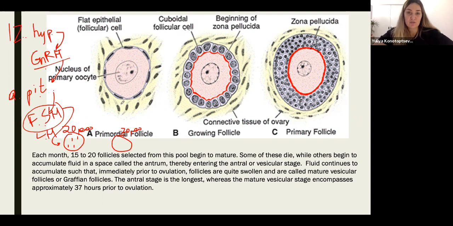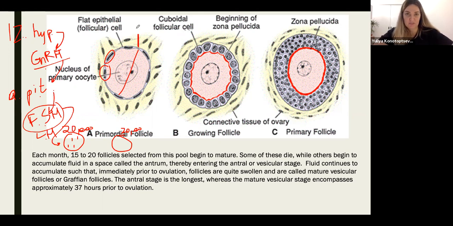So let's follow what happens to this follicle throughout. The follicles that we made in embryo during the 7th month are called primordial follicles. A primordial follicle consists of the primary oocyte surrounded by the squamous follicular cells. 15 to 20 of these primordial follicles raise their receptors for FSH.